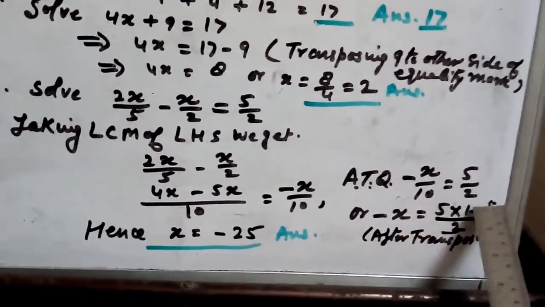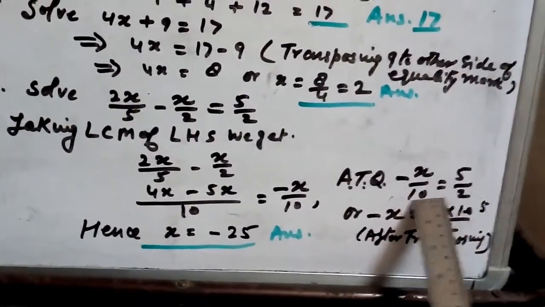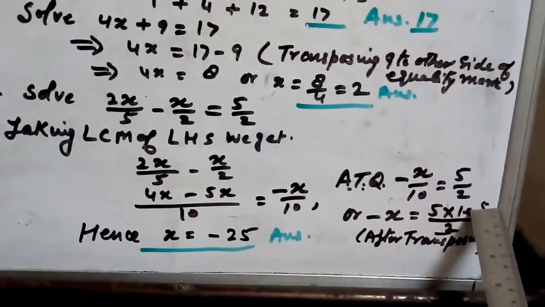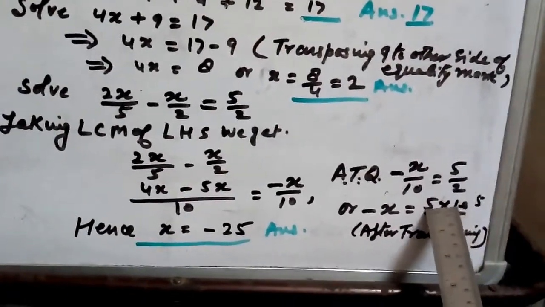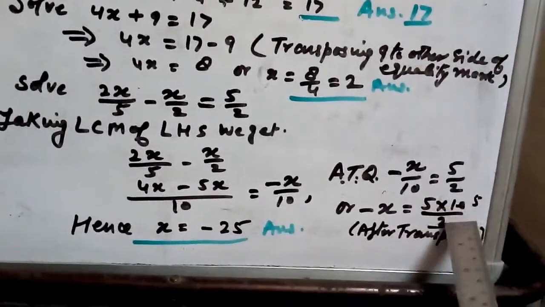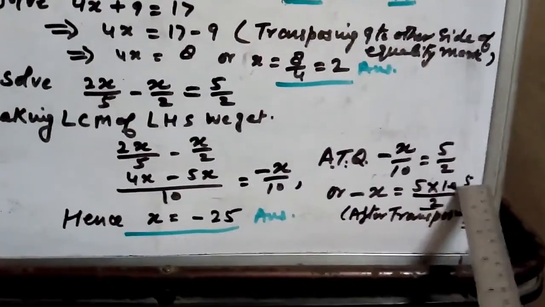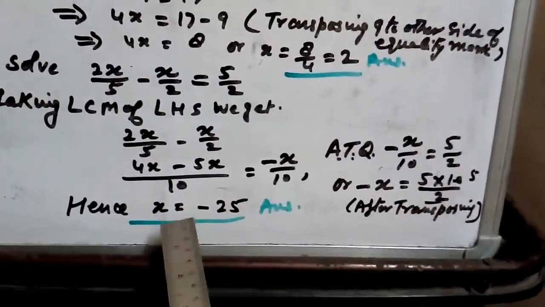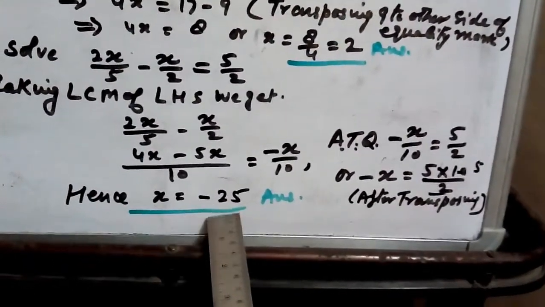This 10 will multiply here because it is dividing here, so the sign gets changed, it becomes multiplication, so it will be like this, 5 into 10 upon 2. After solving this, we get minus x is equal to 25, or x is equal to minus 25.